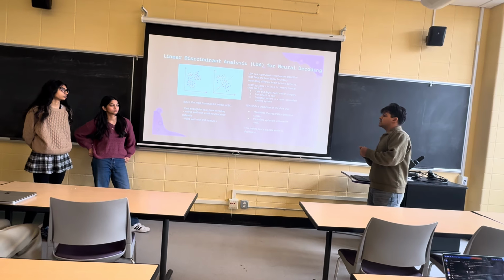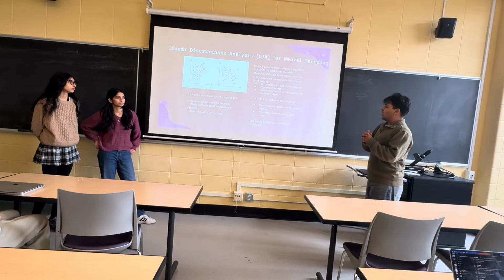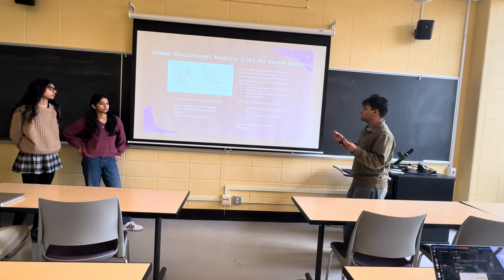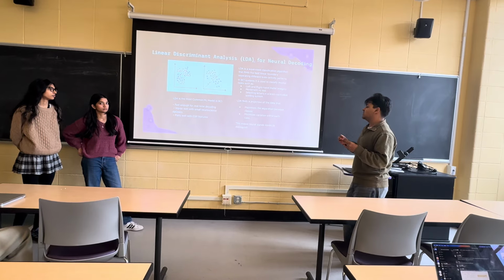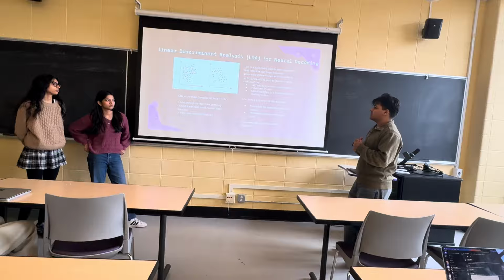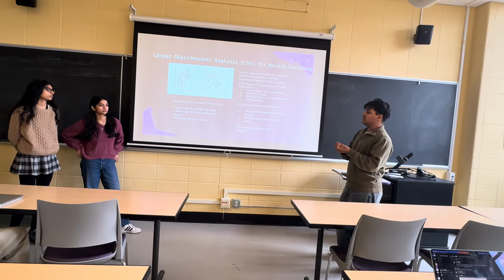It finds a projection of the data, like you see on the left here, that maximizes the separation between two or multiple classes, and it minimizes the variation within each class. This makes the neural signals easier to distinguish, to understand what the user's intent was.